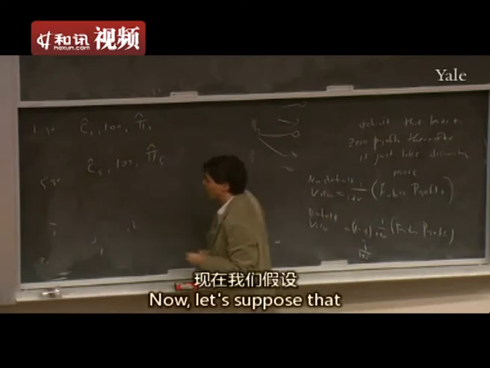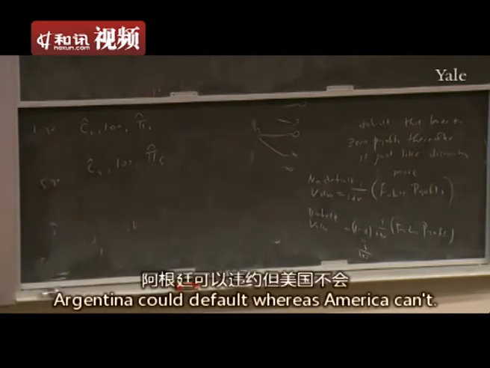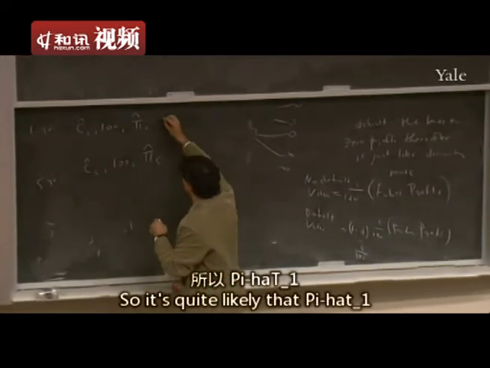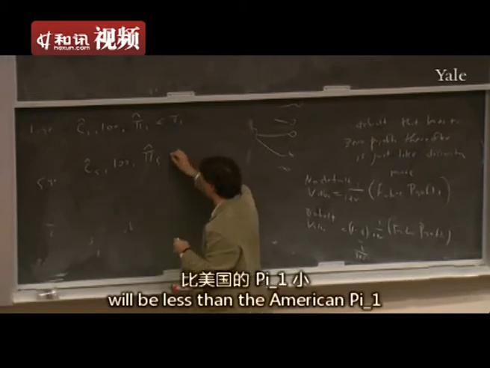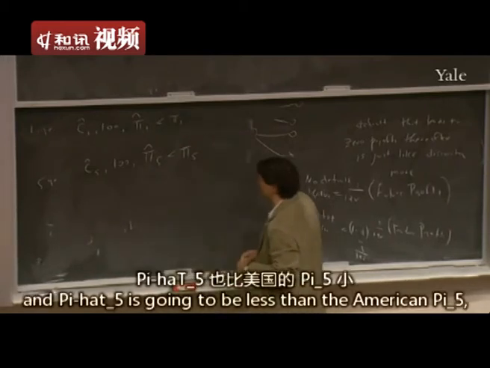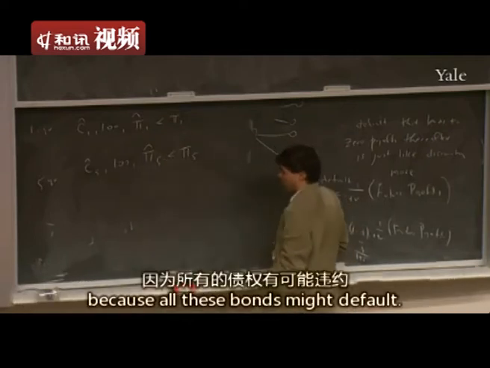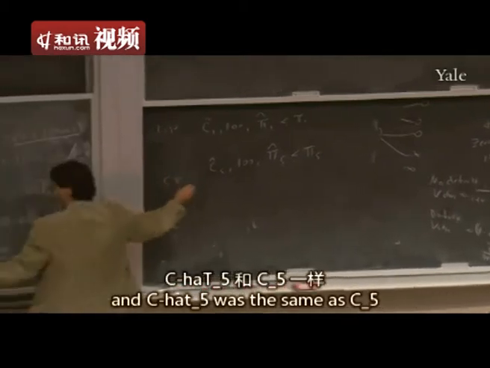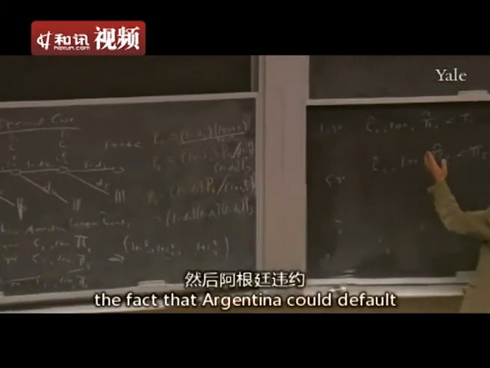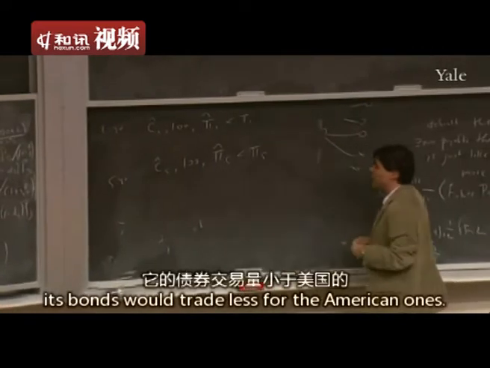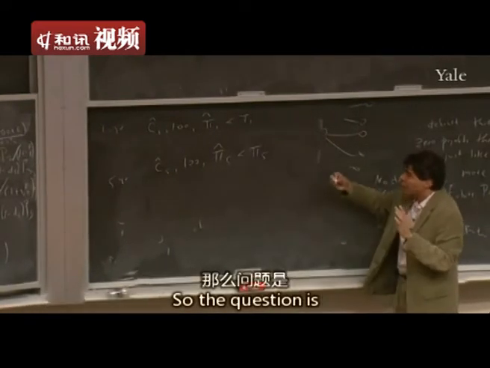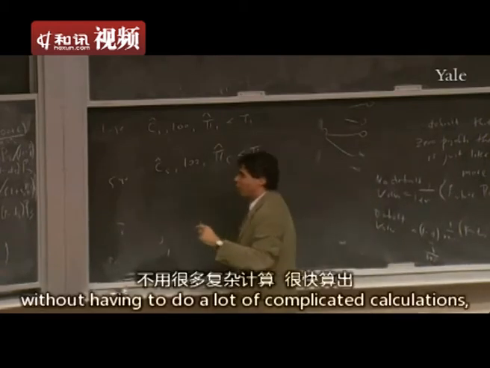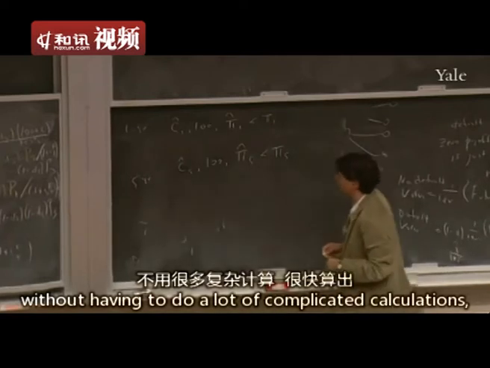Now suppose Argentina could default, whereas America can't. So pi hat 1 will likely be less than the American pi 1, and pi hat 5 less than the American pi 5, because all these bonds might default. If the coupons were the same, the fact that Argentina could default would mean its bonds would trade for less than the American ones. So the question is, can you figure out the default probabilities in Argentina very quickly without a lot of complicated calculations?